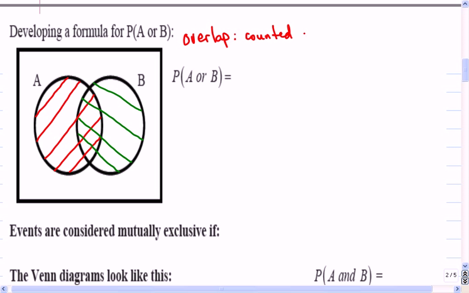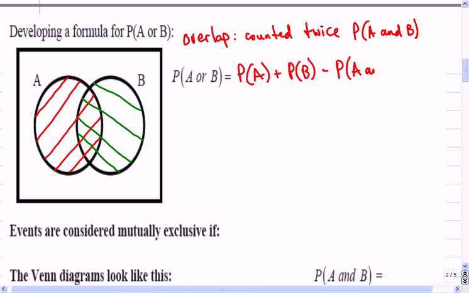What will we call the overlap? Intersection, but probability of what? That's A and B, where they overlap. So for my event here, if I was to take A and add B, then I would double count the middle, because the middle has been counted once in A and then again in B. So I have to remove that duplicate. I'm going to subtract the probability of A and B so that I don't double count it.